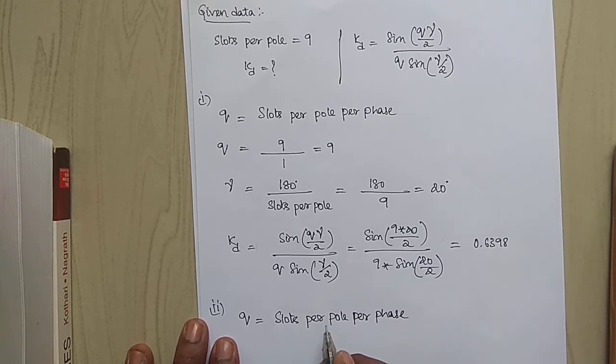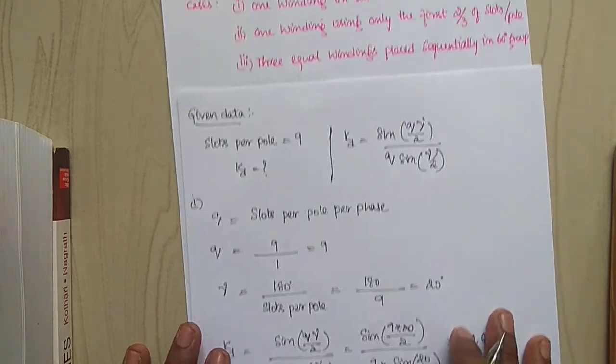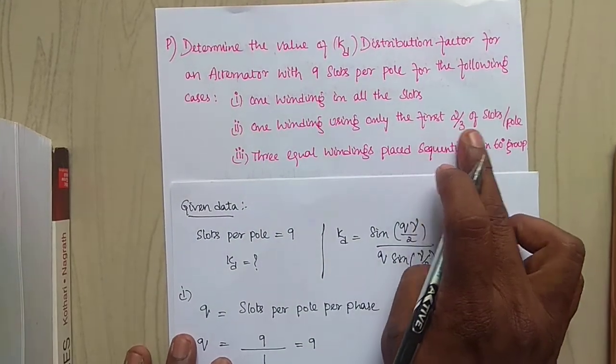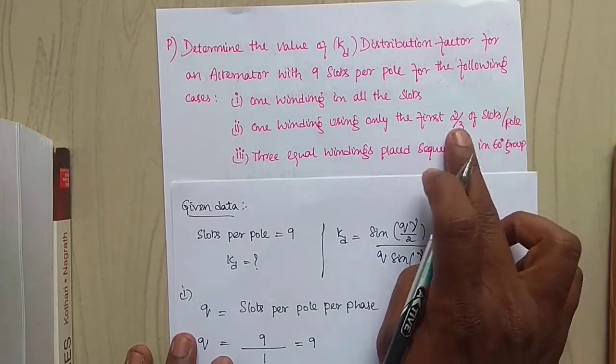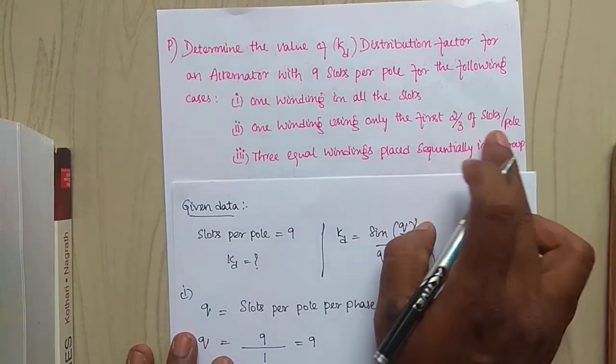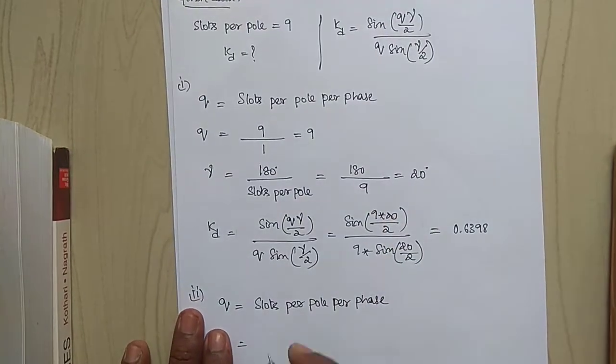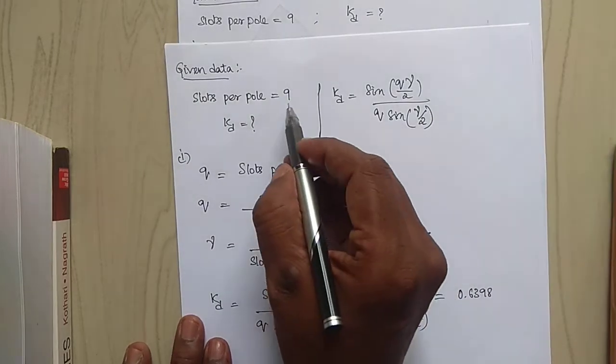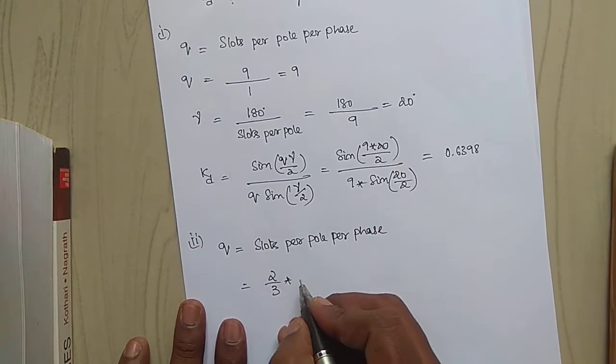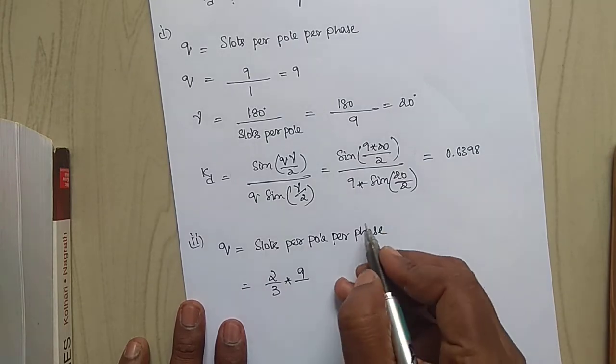What is the slots per pole? Here the slots per pole is 2/3 of slots per pole, in this second case. So 2 by 3 into 9, divided by phase.